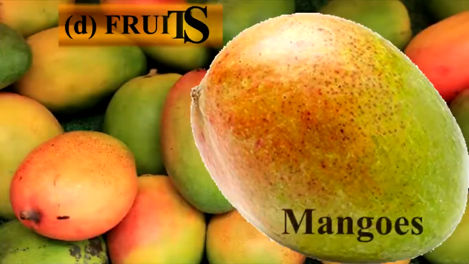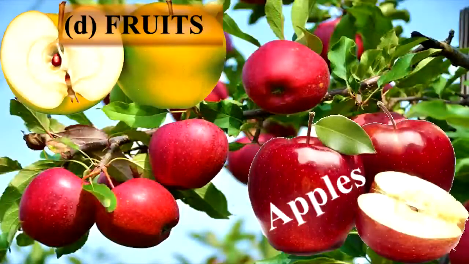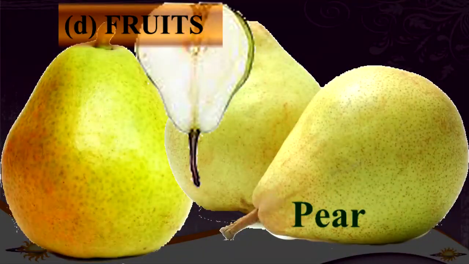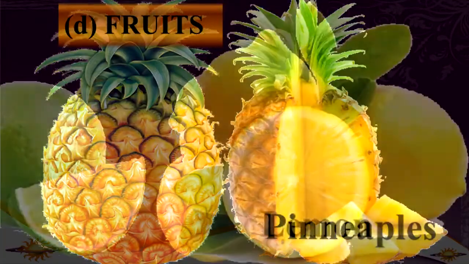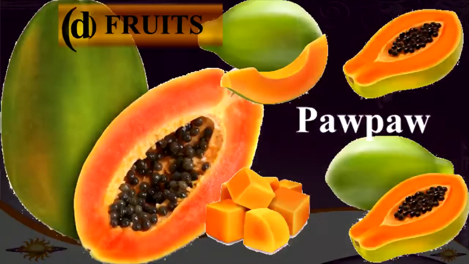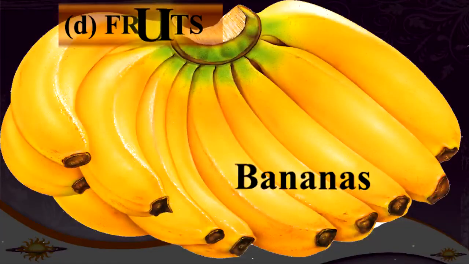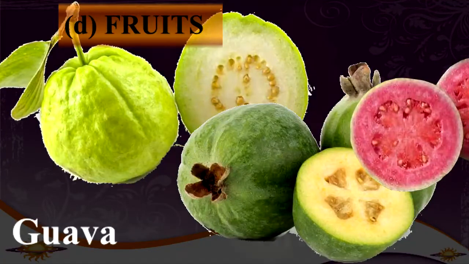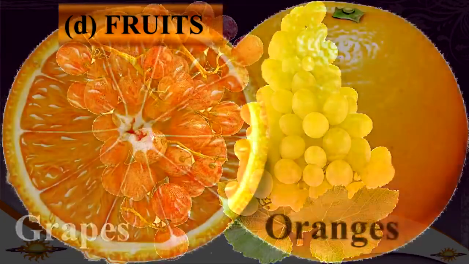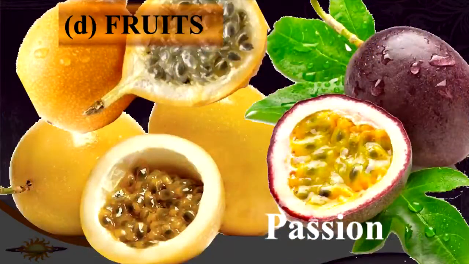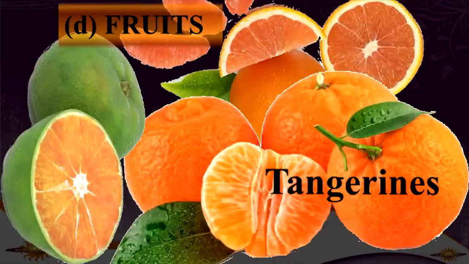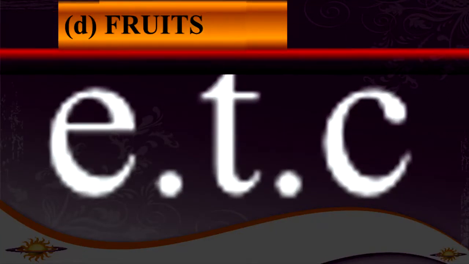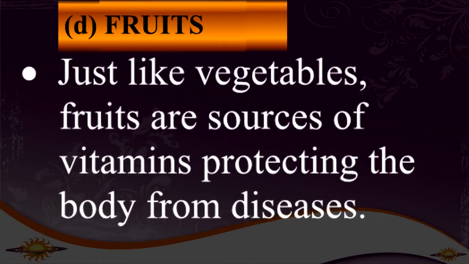Examples: mangoes, apples, plums, pear, pineapples, lemon, pawpaw, bananas, melon, guava, grapes, oranges, passion, tangerines, etc. They are sources of vitamins, and so they protect the body from diseases.